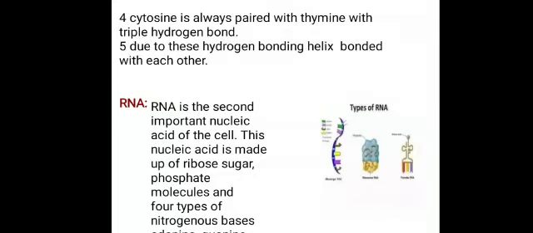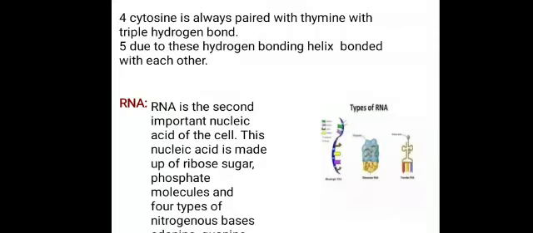Then the structure of RNA and types of RNA. RNA is the second important nucleic acid. This nucleic acid is made up of ribose sugar, phosphate and four types of nitrogenous bases.